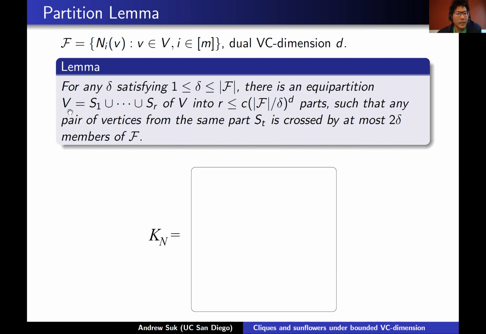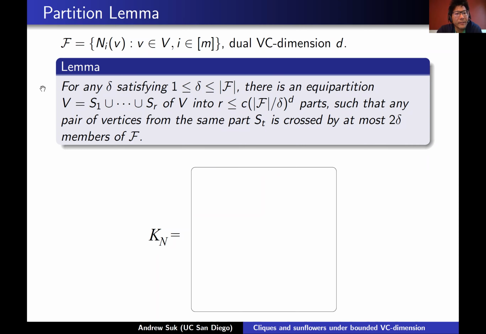And so this here is this partition lemma, which I should say is almost a direct application of the Haussler packing lemma. Remember, we have this neighborhood set system F here with bounded VC dimension.